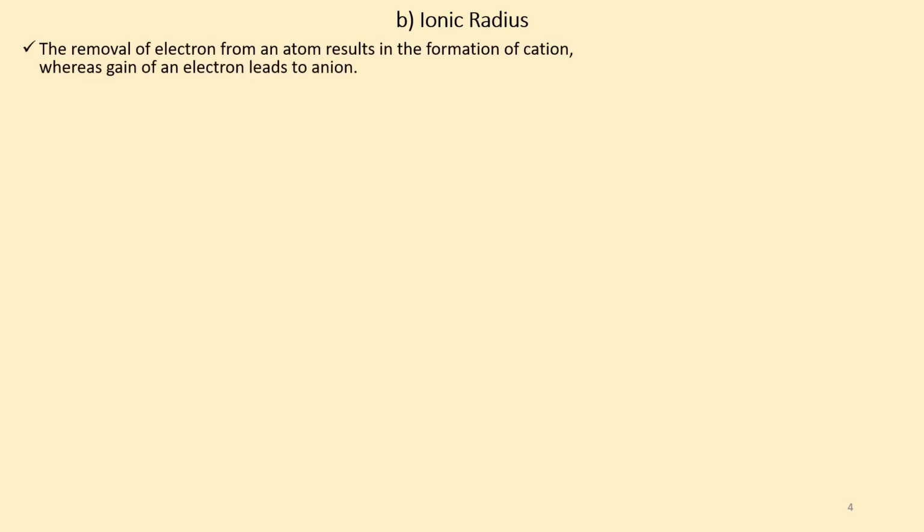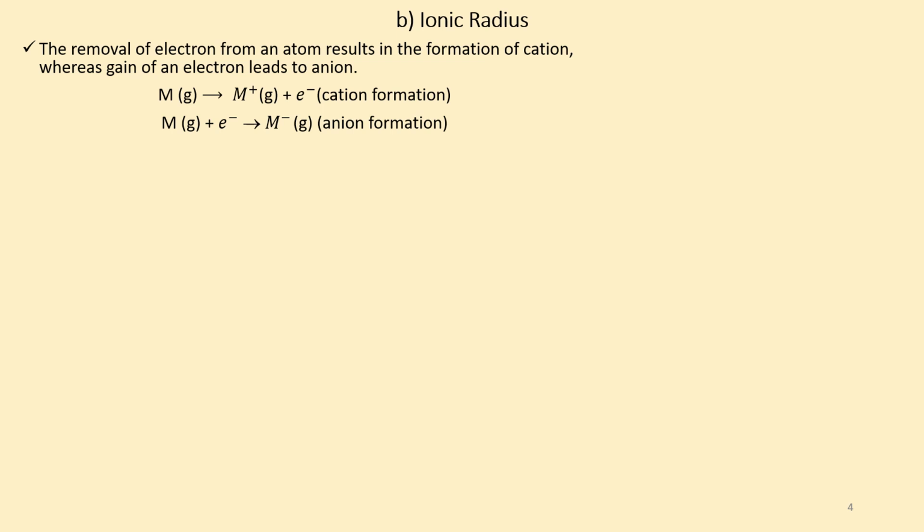Ionic radius. The removal of an electron from an atom results in the formation of a cation, whereas gain of an electron leads to an anion. So cation formation is the loss of an electron, and anion formation is the gain of an electron.